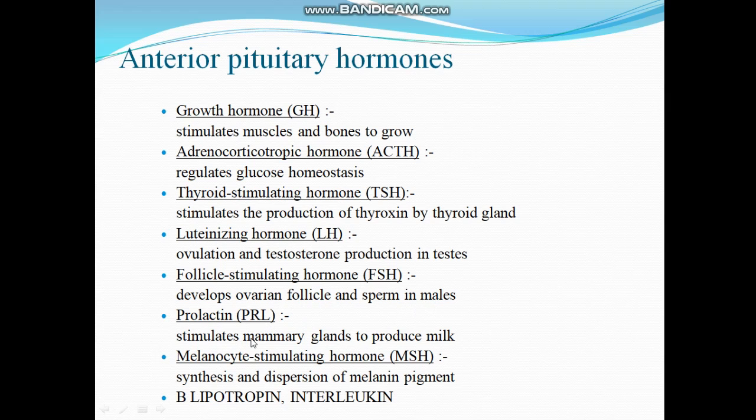The prolactin hormone stimulates the mammary gland to produce milk, and it secretes melanocyte stimulating hormone that controls the synthesis and dispersion of melanin pigment from melanocytes, and also secretes beta lipotropin and endorphin that control different physical activities of the body.